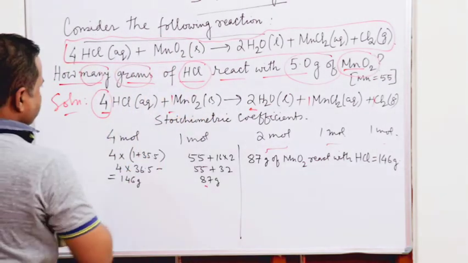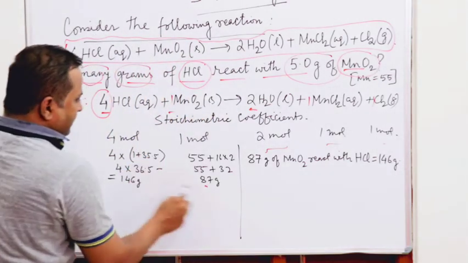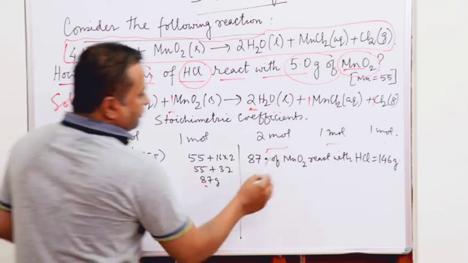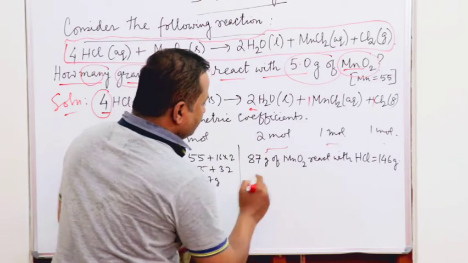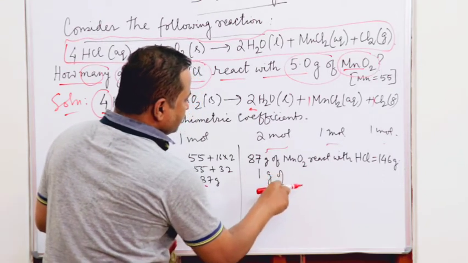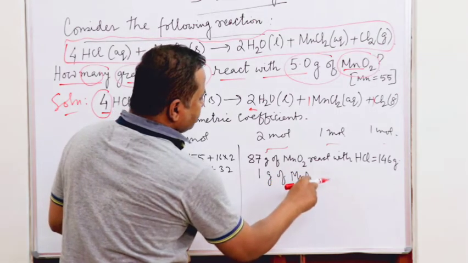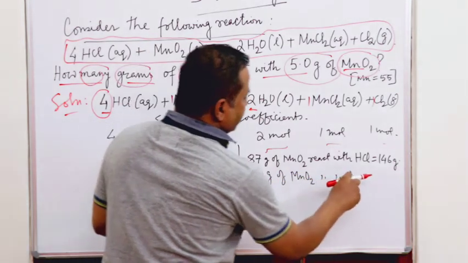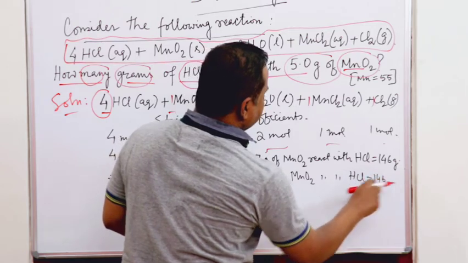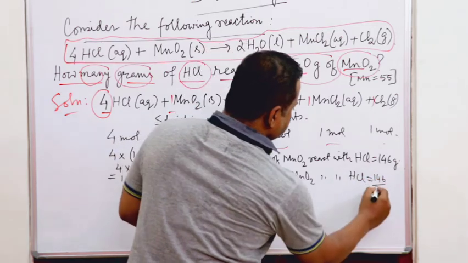So from this equation we can say that 87 gram, this is stoichiometry, 87 gram of MnO2 reacts with HCl is equal to 146 gram. So we are applying unitary method. So 1 gram of MnO2 reacts with HCl is equal to 146 divided by 87.